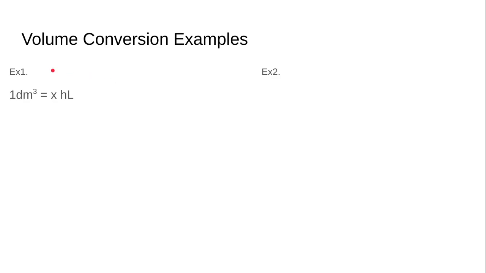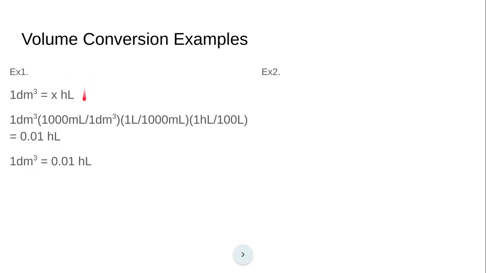Okay, to solve this problem, we are once again going to use dimensional analysis. So, we know we have 1 decimeter cubed. We then know that 1,000 milliliters, otherwise known as 1 liter, is equal to 1 decimeter cubed. This lets us cancel out the decimeters cubed. Next, we also know that 1 liter equals 1,000 milliliters.